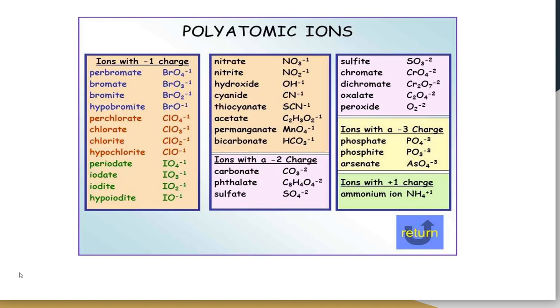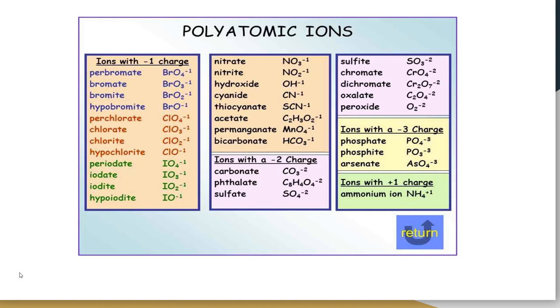If we have one less oxygen than the ate ending, it becomes ite, so this would be chlorite. And here, if you look, we have one less oxygen than the ite ending, just ClO. It is hypochlorite. So really, once you start looking at these, they're really not too difficult to remember.